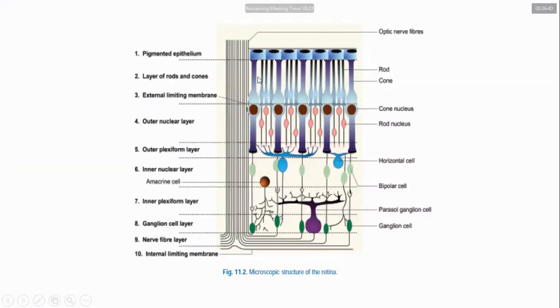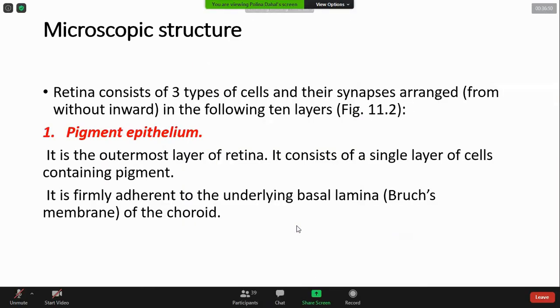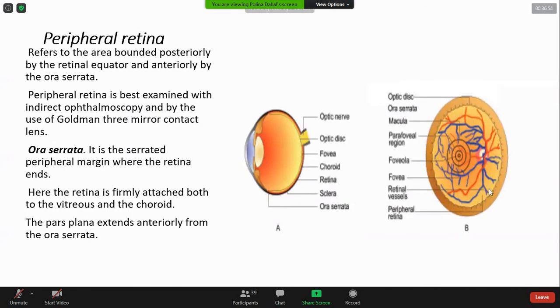So please practice this picture, all of you, so that the cell bodies and the dendrite processes, you can remember everything from this picture. And this is a very important part, and the distribution of the nerve fibers also I will discuss.